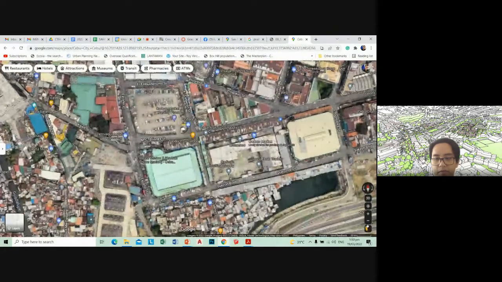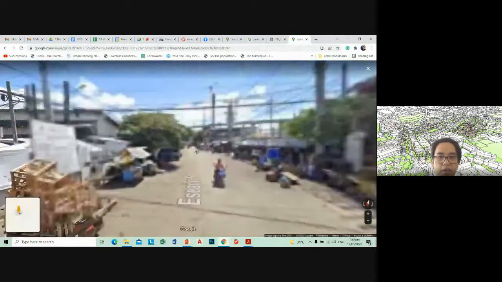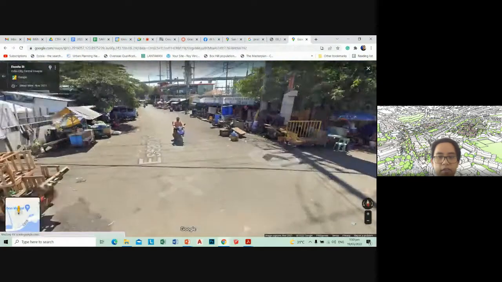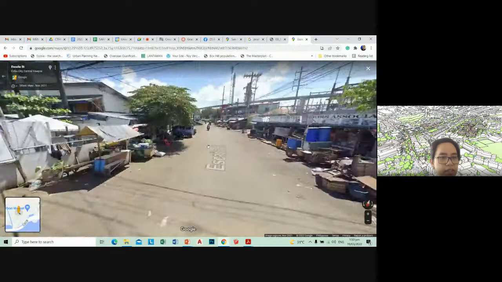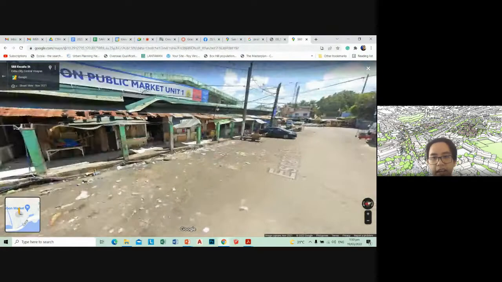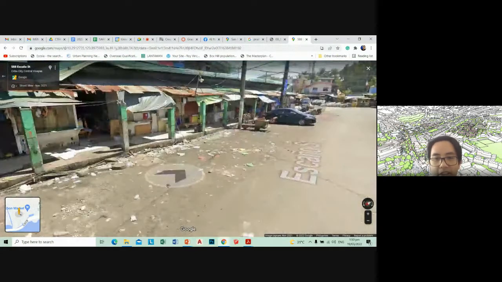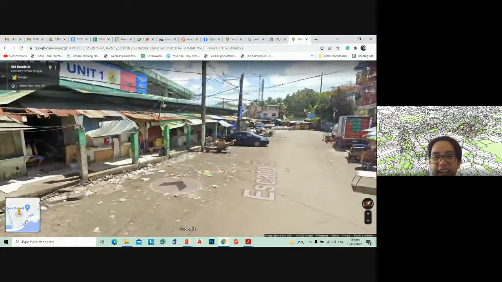Here. So one of the popular shopping places or markets in Cebu is really the Carbon Public Market. And I think this is 2021. Yeah, it says 2021 over here. And you can see the effect of waste.